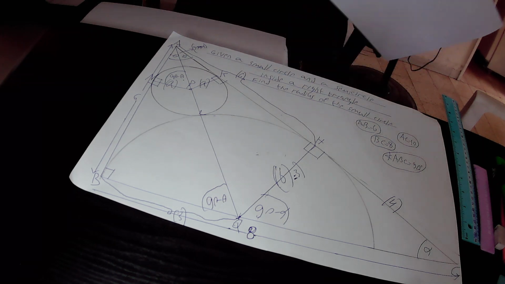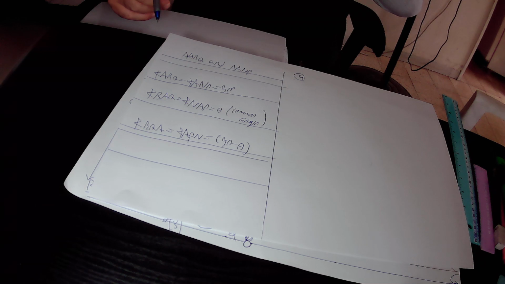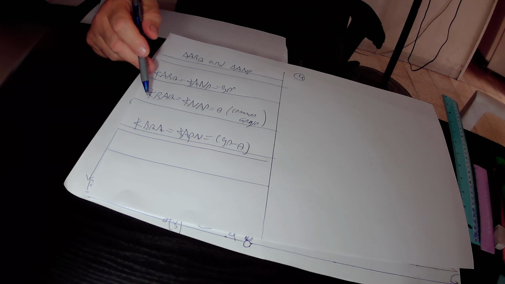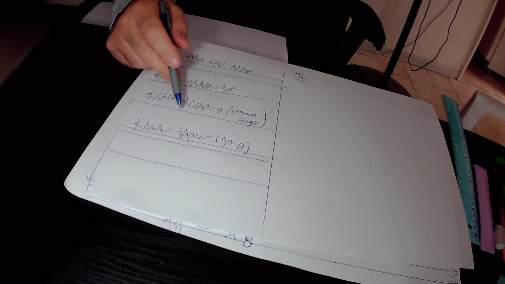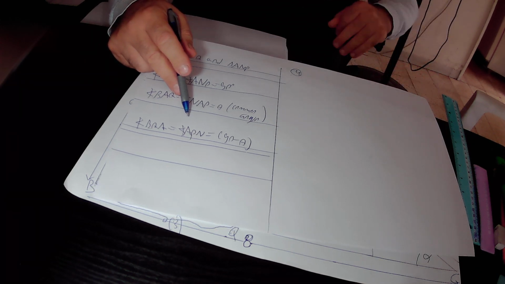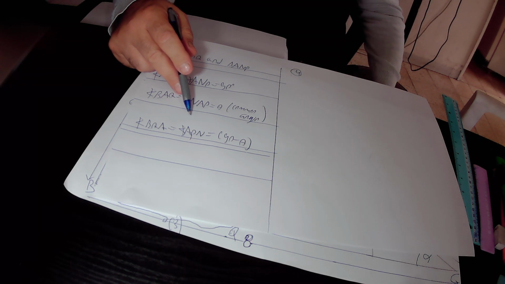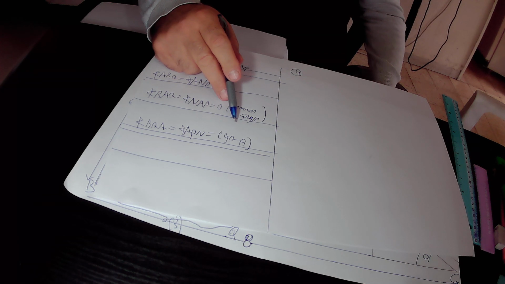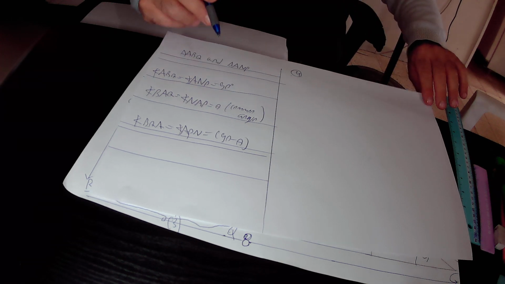Repeat again, angle BQA in the big right triangle ABQ equals angle APN in the small right triangle APN. They are both equal to 90 degrees minus theta, therefore they are equal to each other.